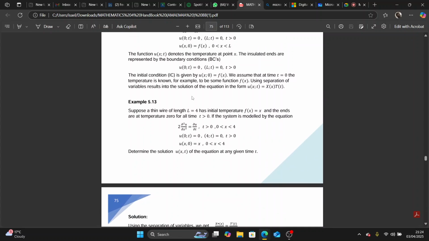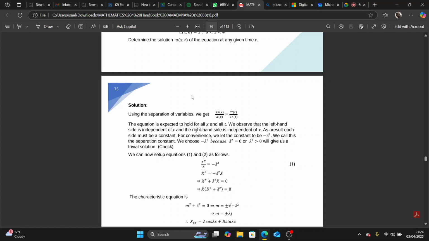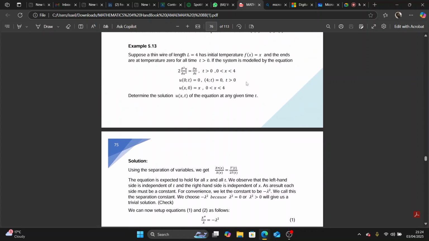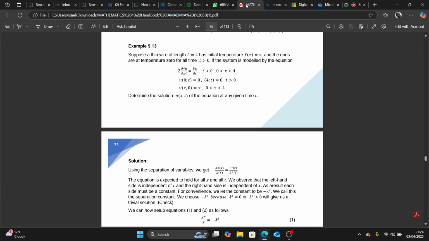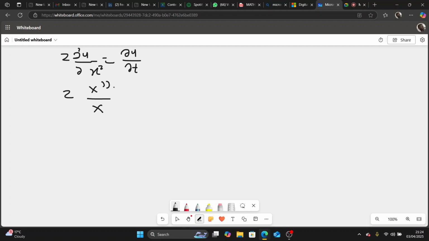So how do you separate these variables, manager? As simple as that, because you have the second derivative here, you'll be having X second on top, and this one should be X. That's how it is.